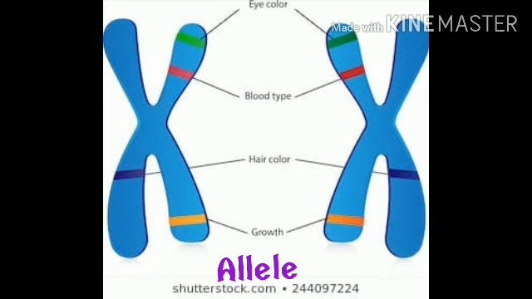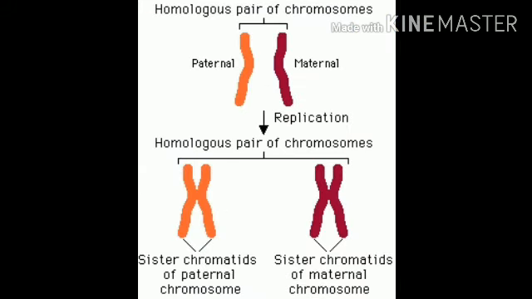First, the allele or allelomorph: one or more alternative forms of a gene found at the same locus on homologous chromosomes in an individual or a population. Then the homologous gene: identical alleles occupying the same locus on homologous chromosomes.